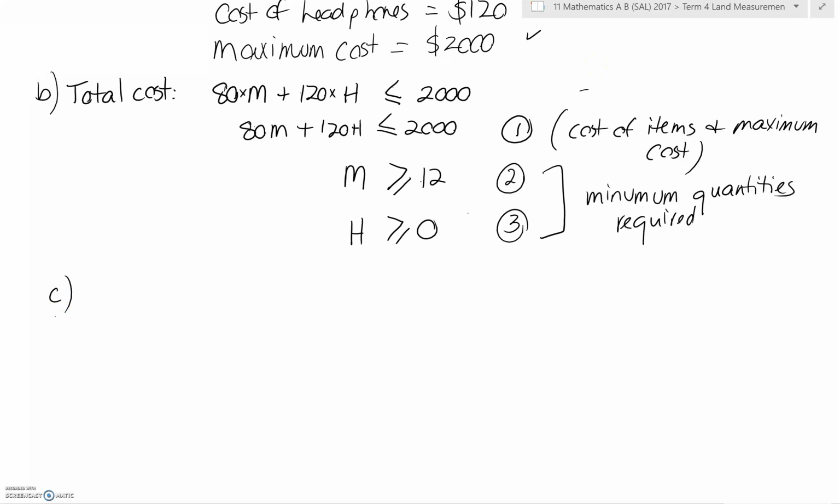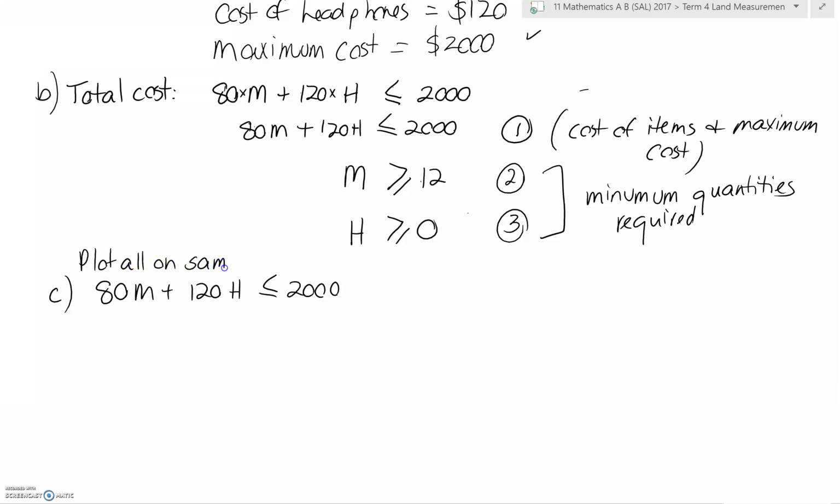So for the first one, 80m plus 120h less than or equal to 2000, we need to figure out a way to plot it. So remember we did the table method, but we also use the intercept method. So plot all on the same axes. That's important.